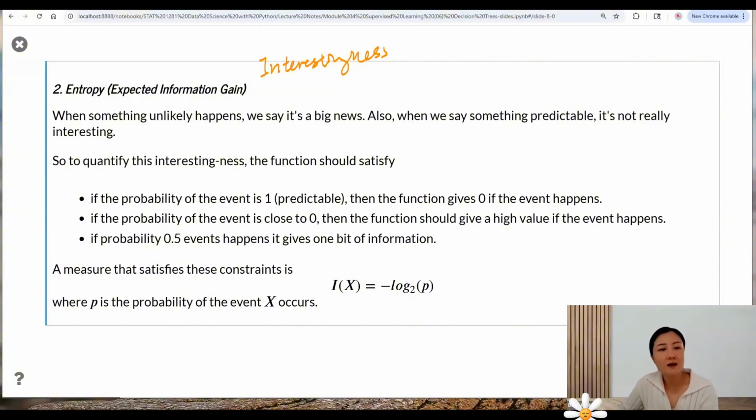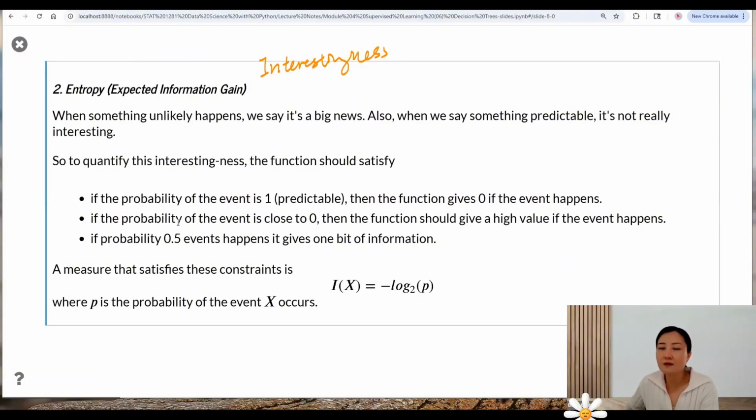So we need a function to measure the interestingness so that the following conditions are satisfied. If the probability of the event is 1, it's completely predictable, then the function gives 0 if the event occurs. If the probability of the event is close to 0, so it's a very rare event, then the function should give a very high value if it actually happens. And lastly, if the probability is 0.5, then it gives 1 bit of information if it happens.